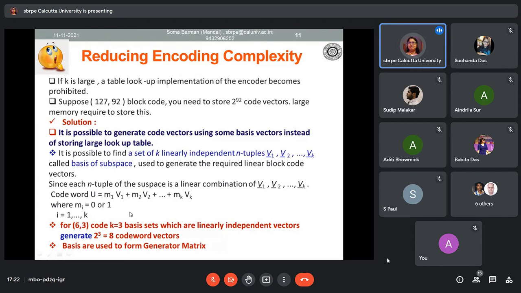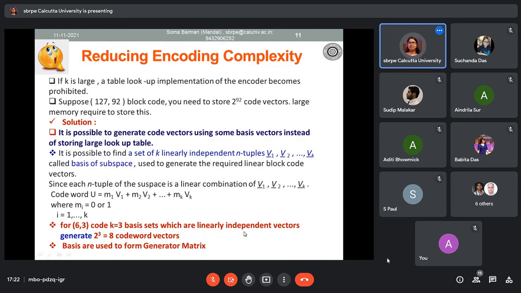One thing is very important: these basis vectors are linearly independent. Linearly independent means, in the previous case, we considered that the summation of two code word vectors gives a valid code word vector within that code.